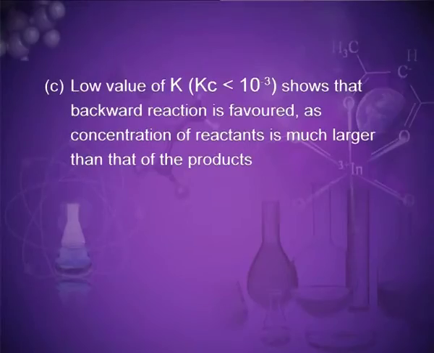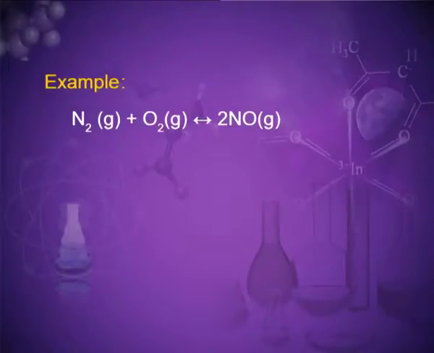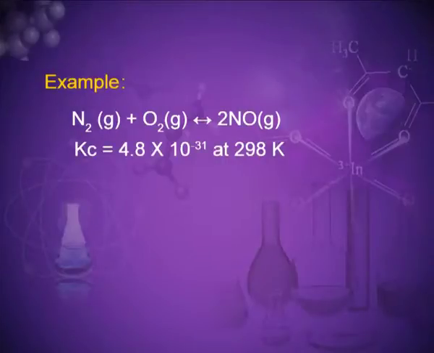The third case, C, is a low value of K, that is Kc lesser than 10 to the power minus 3, which shows that the backward reaction is favored, as the concentration of reactants is much larger than that of the products. Example, N2 plus O2 gives 2NO. Kc for this reaction is 4.8 into 10 to the power minus 31 at 298 Kelvin.